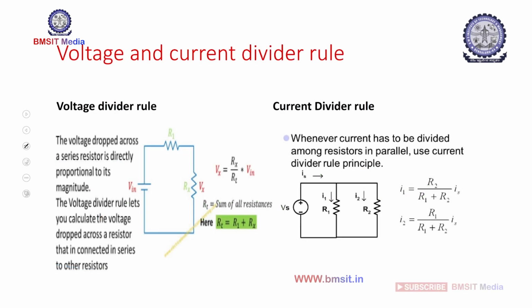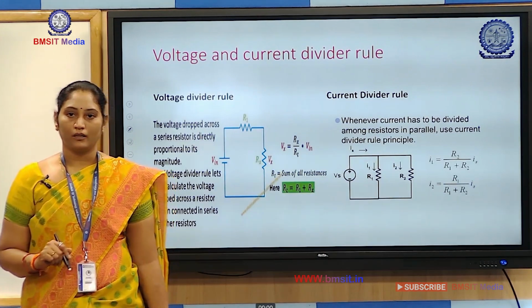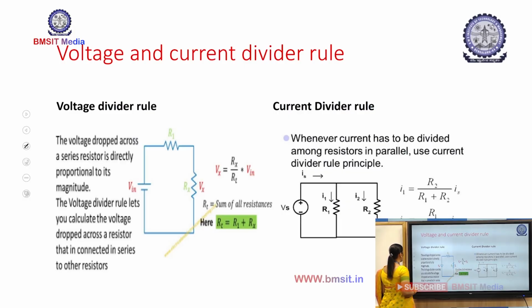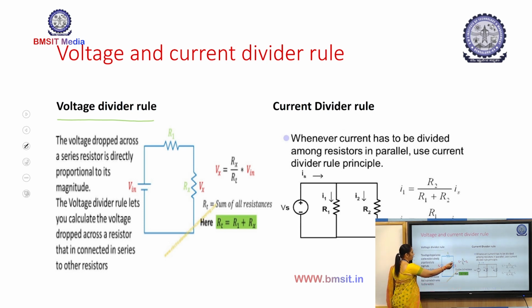And one more thing you need to know while solving problems in network analysis: one is the voltage divider rule, another is the current divider rule. What is the voltage divider rule? The voltage dropped across a series resistor is directly proportional to its magnitude. The voltage divider rule lets us calculate the voltage drop across a resistor that is connected in series to another resistor.